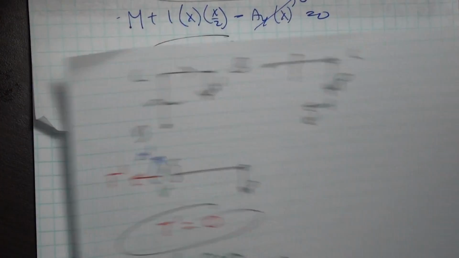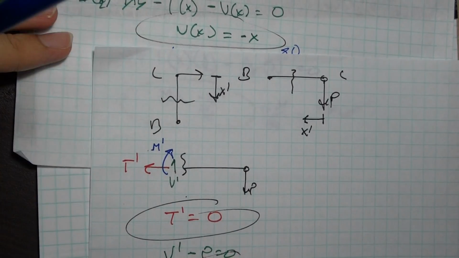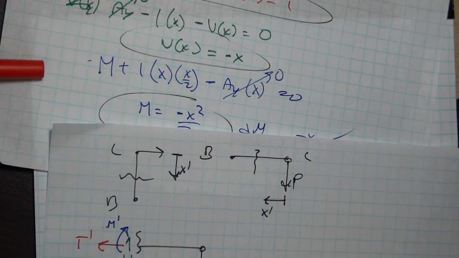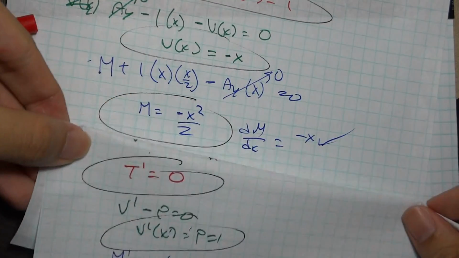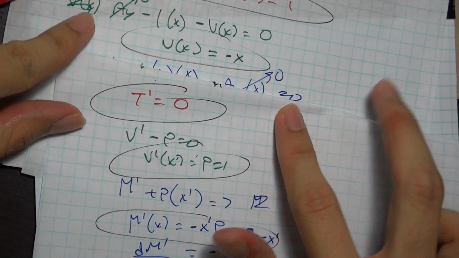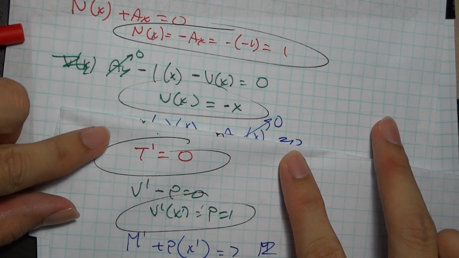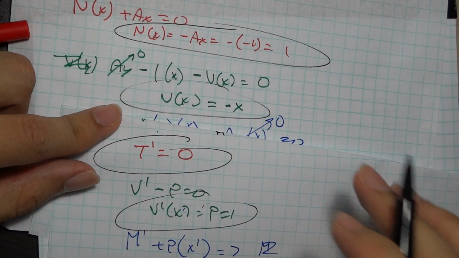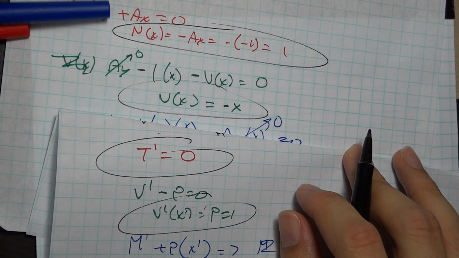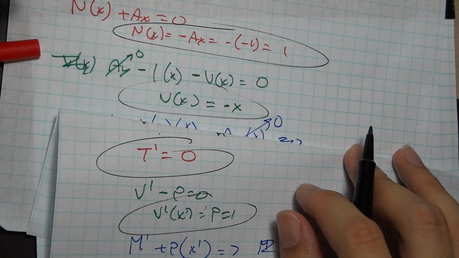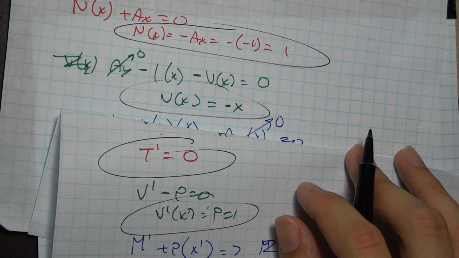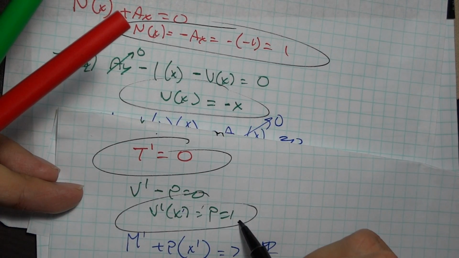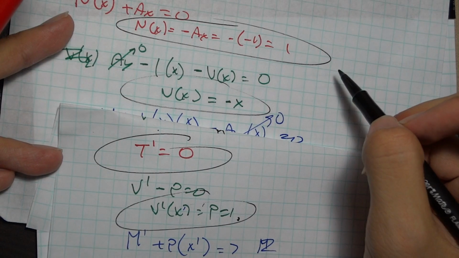Let's see if I can get everything in the frame at once. I cannot. I'll show you the oldest trick in the book and just fold this like this. Okay. Let's look at these two equations. Did you see anything that is similar here? What you should see is that our shear here became our axial force here.